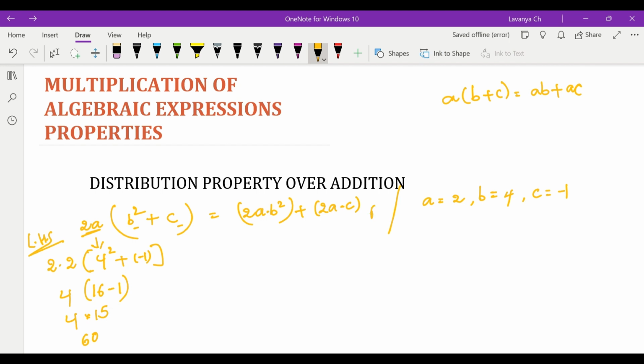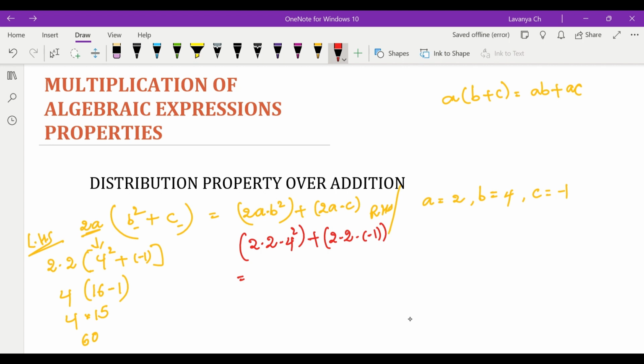Now coming to the right hand side of the equation, again substituting the values. 2 into, in place of a, 2, and in place of b it's 4 square, plus 2 into again a is 2 and c is minus 1.